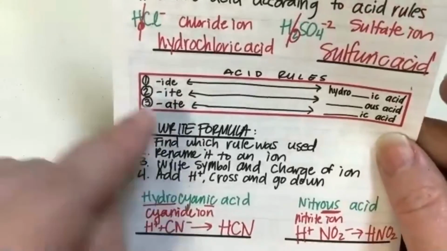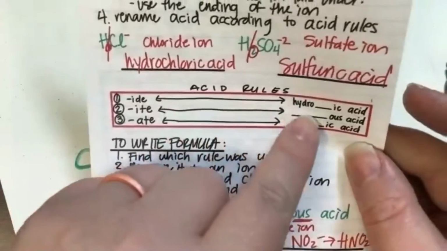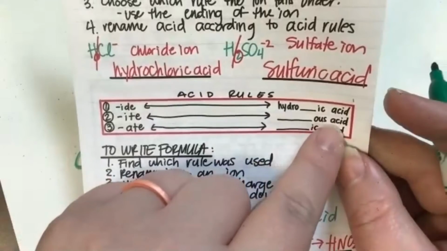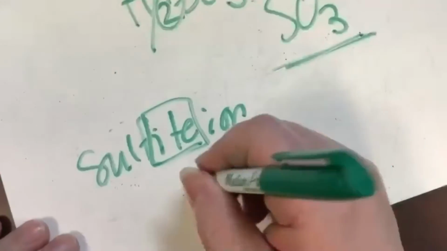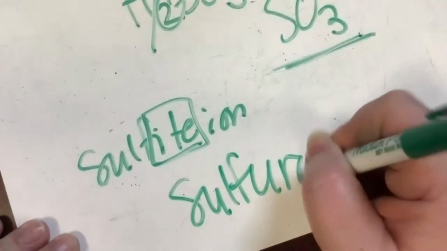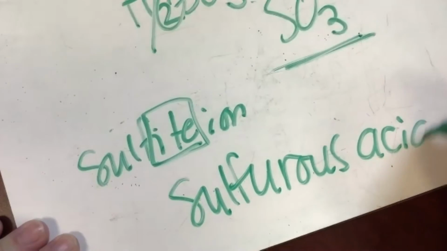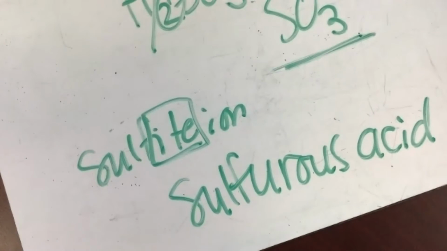So this is rule 2, ITE endings. That's rule 2. This one right here, rule 2. So I go, and it's got the OUS acid ending. So this is called sulfurous acid. Now, I get asked questions every time about, is it sulfurous acid, sulfurous acid? I don't really care. If you figure out that it's an OUS acid, I'm happy.